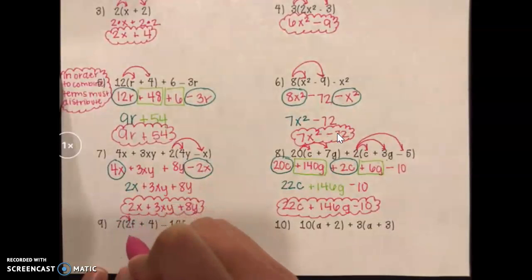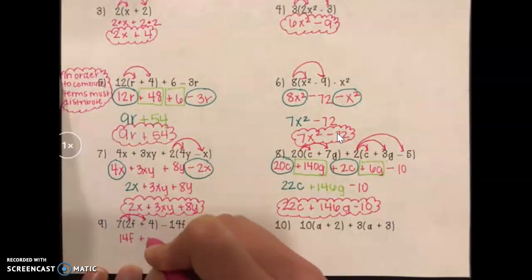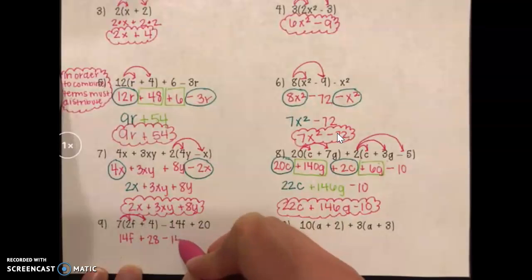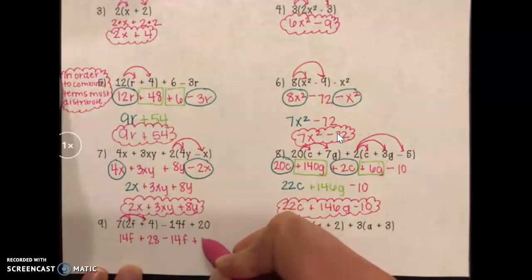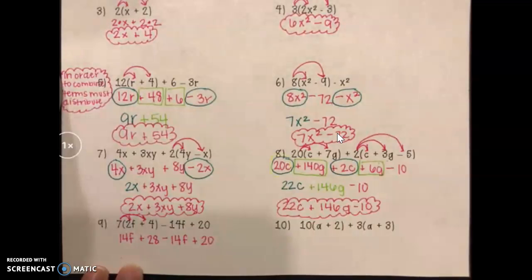So 7 times 2f would give me 14f. 7 times 4 would be plus 28. And we're going to bring everything else down. All right. Okay, now I can go ahead and combine.